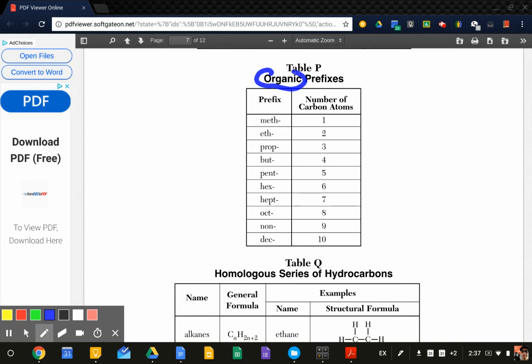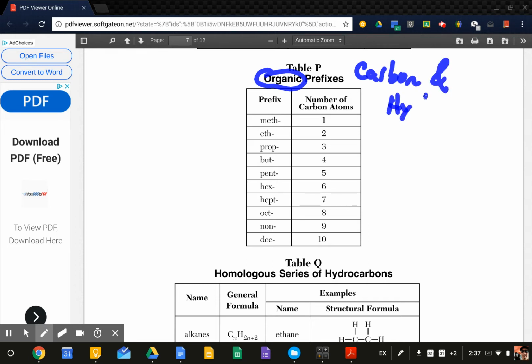An organic compound is any compound that contains carbon and hydrogen. Organic means living, and it turns out that living things, at least on Earth, are composed of carbon and hydrogen.